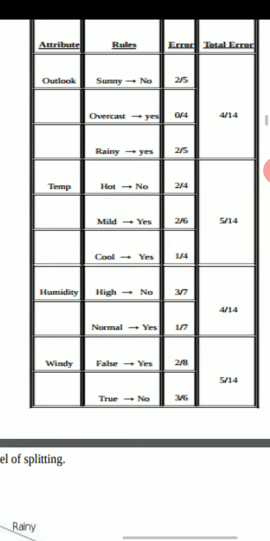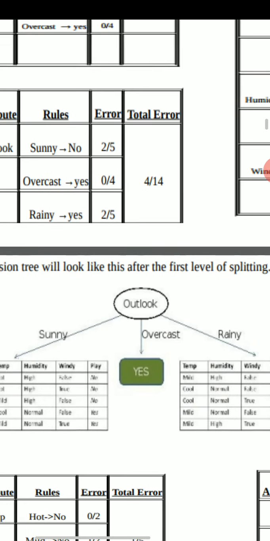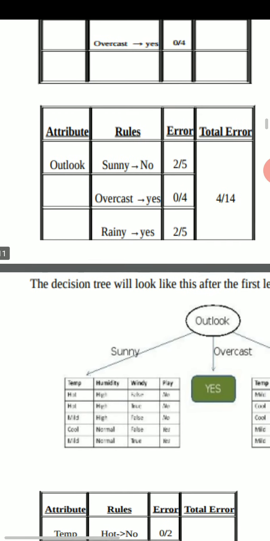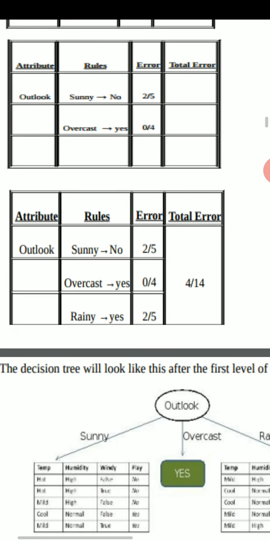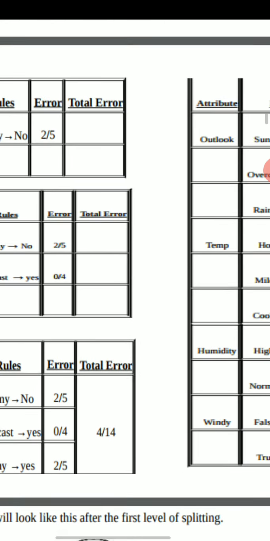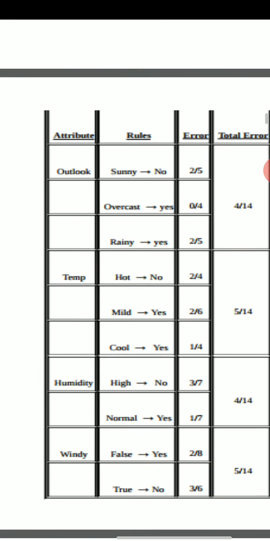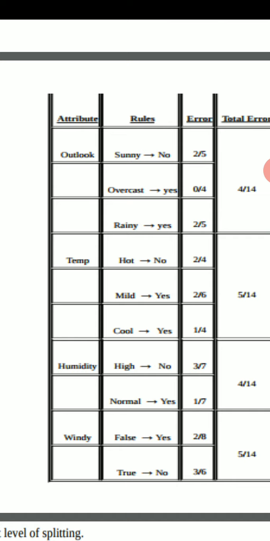Once you do this, for outlook we got 4 out of 14, right? Similarly you have to do it for temperature, humidity, and wind.